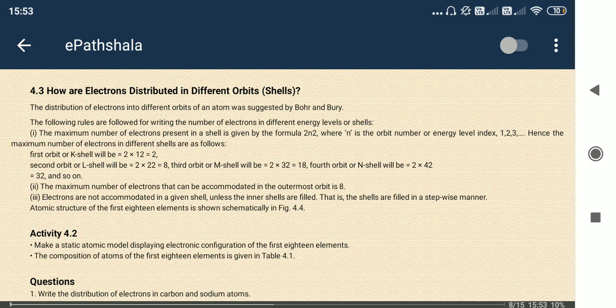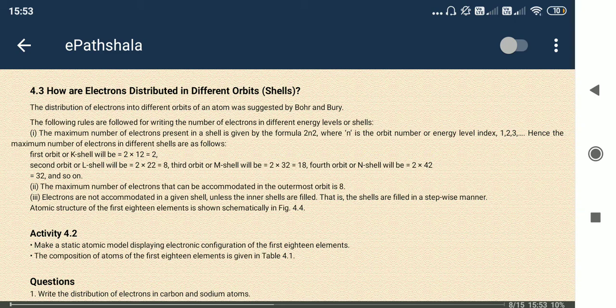Another thing, in each orbit, how many electrons can be located at maximum is given by the 2n square formula. Here n is the small n, the orbit number, meaning the principal quantum number. If n equals 1, then 2n square comes to 2. If n equals 2, then 2 into 4, so 8.